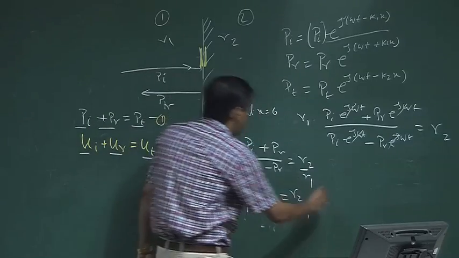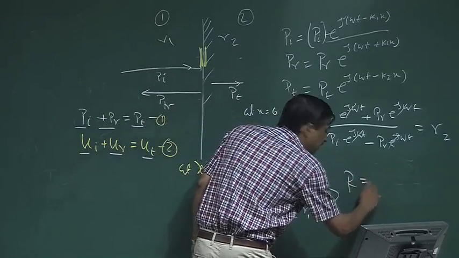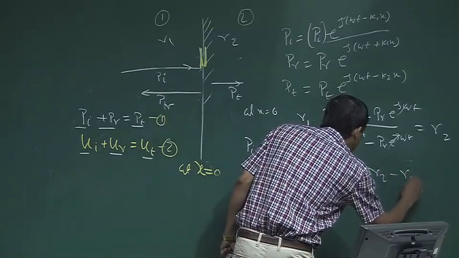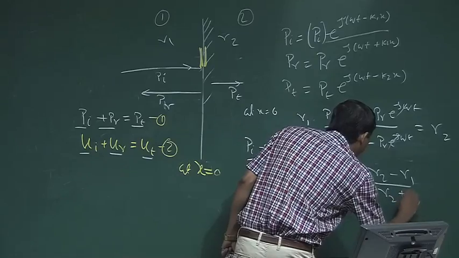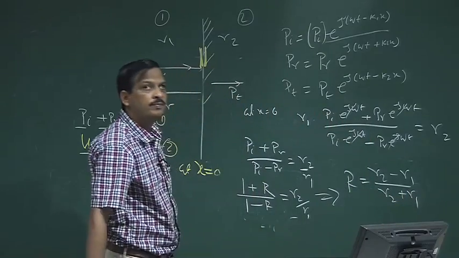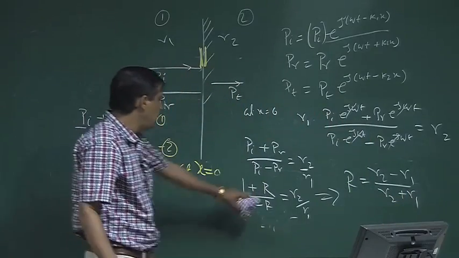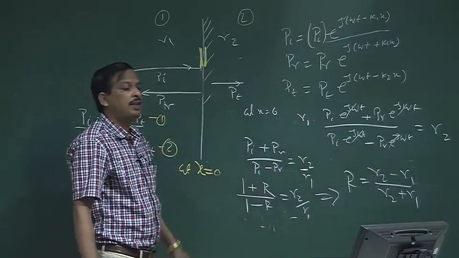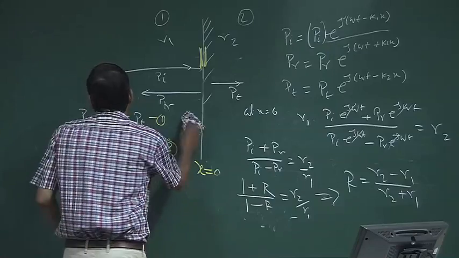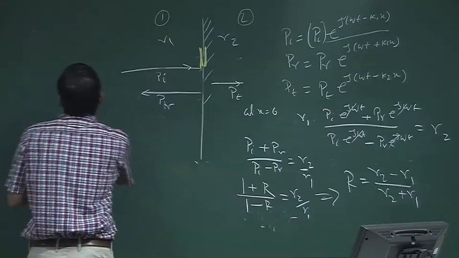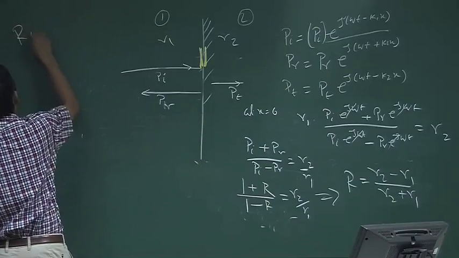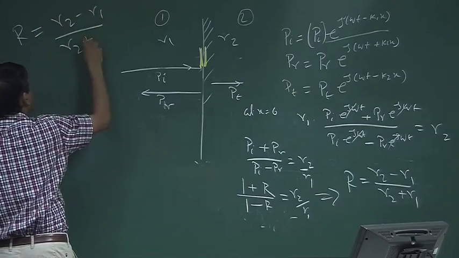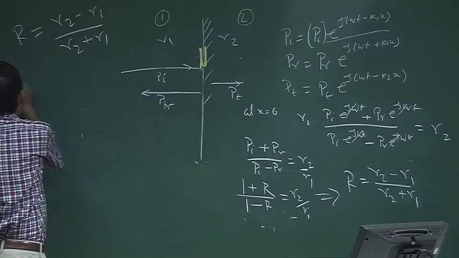So, I can find from here that r is R2 minus R1 divided by R2 plus R1. So, the reflected coefficient r for this normal incidence is R2 minus R1 divided by R2 plus R1.